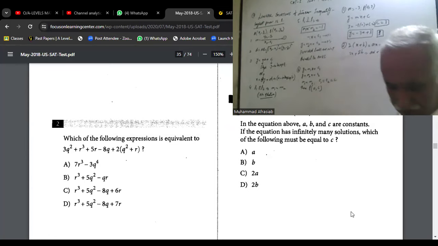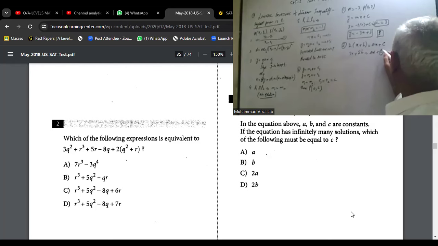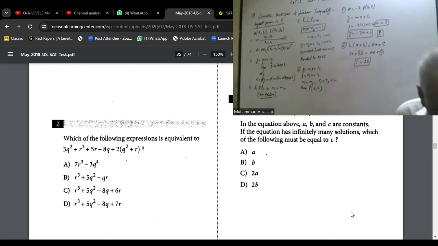So they are asking which of the following must be equivalent to the c value. So c is equal to 2b. And that is the answer of this question, the C part.